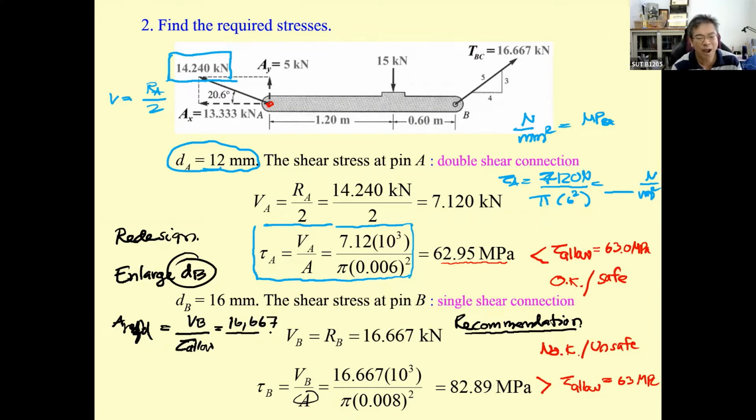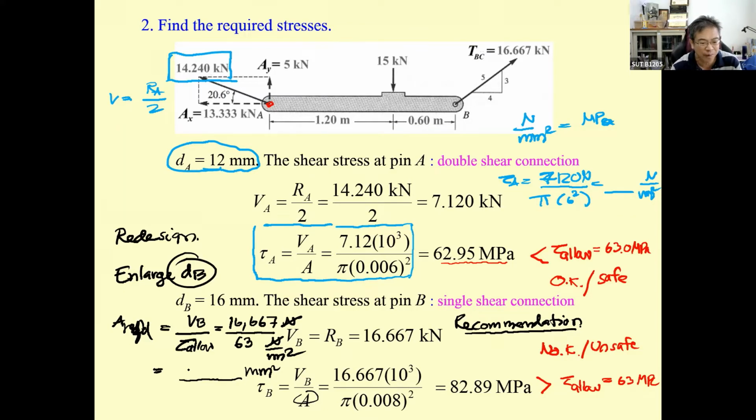So the problem is going to be 16,667 Newton divided by 63 Newton per square millimeter. You just cancel the units, and you will get the result in millimeter square. Put it in your calculator, 16,667 divided by 63.